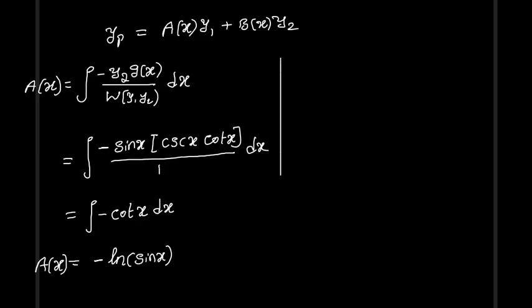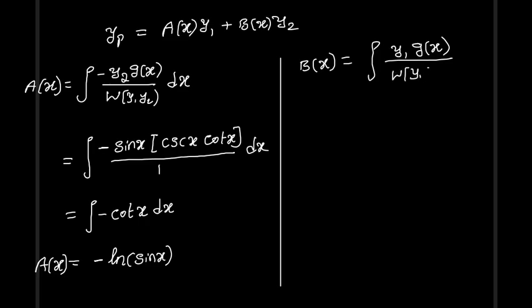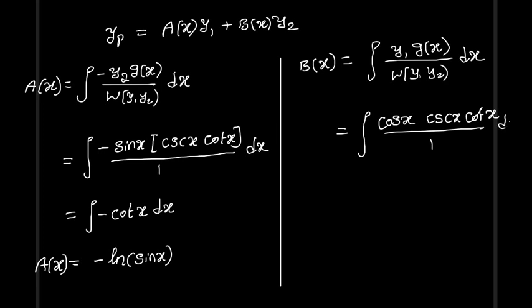Next we need to find b of x. The formula is b of x equals integral of y1 into g of x over the Wronskian of y1, y2, into dx. So y1 is nothing but cos x, and g of x is cosecant x into cot x, over 1, into dx.